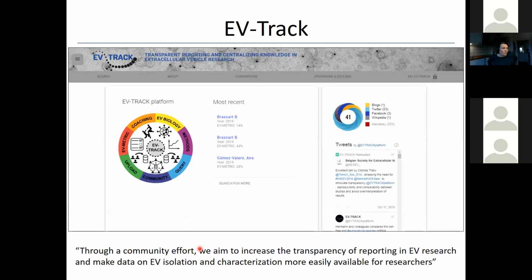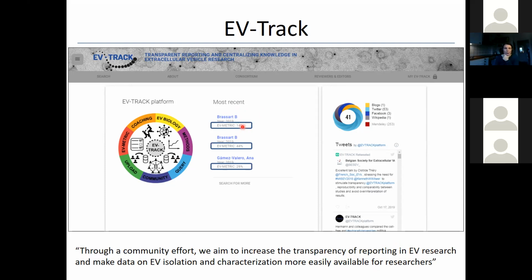So a few years ago, Anne Hendricks, a researcher in Belgium, started EV-Track. So EV-Track aims to increase transparency of reporting in EV research. So basically, if you have a paper, you will get a score on how transparent you have been in your method section.